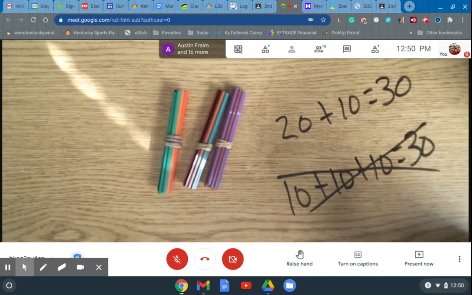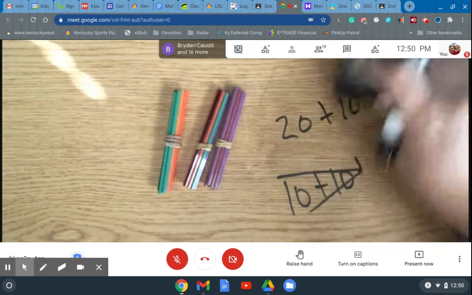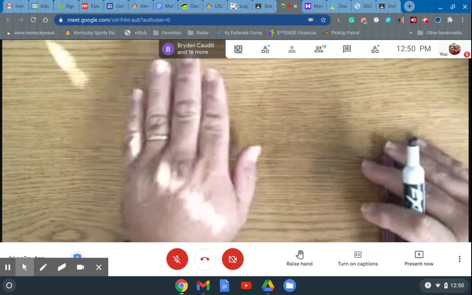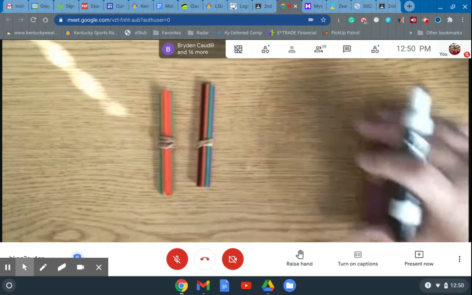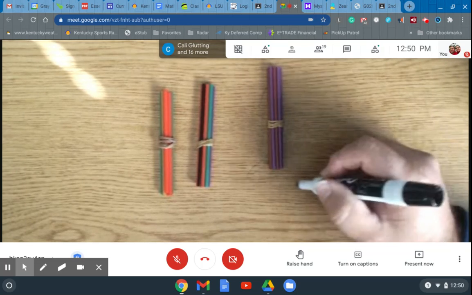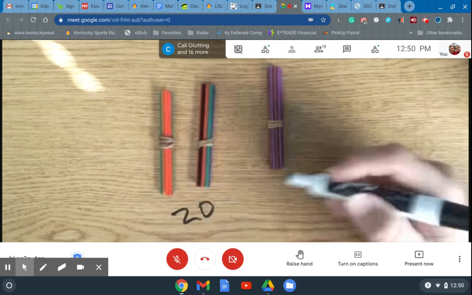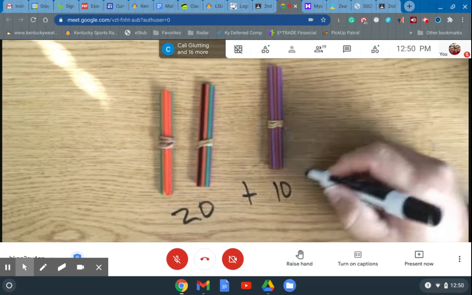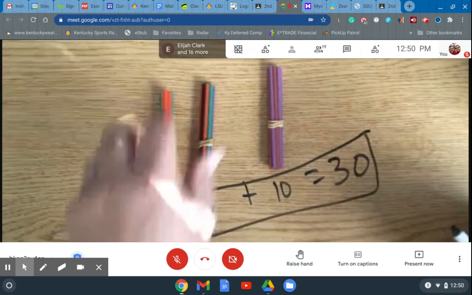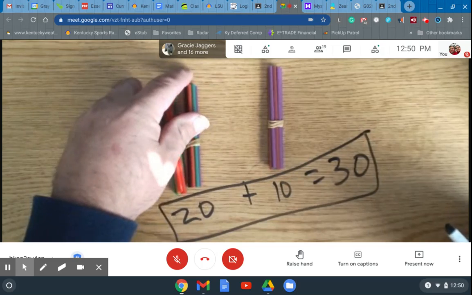Well, I understand what you're saying, but remember, this time I started with 20 and I added 10. So my number sentence has to follow the same thing. It's 20, and I added the 10, and it gave me 30. So this is the correct number sentence because I started with 20.